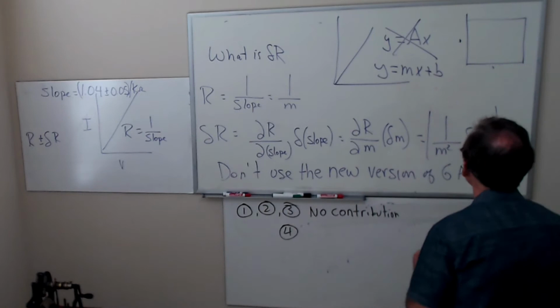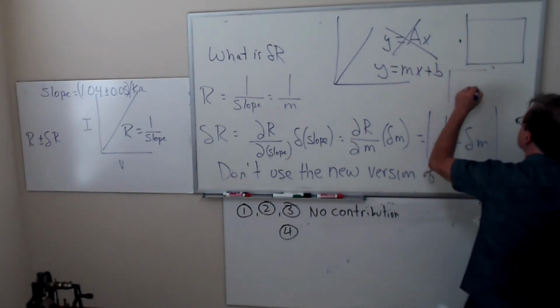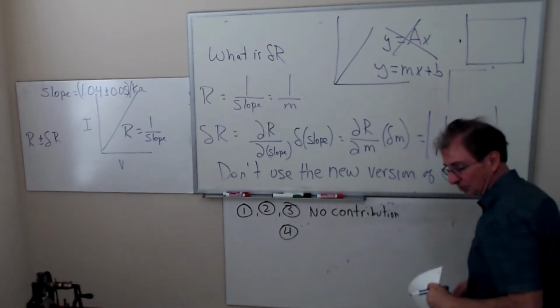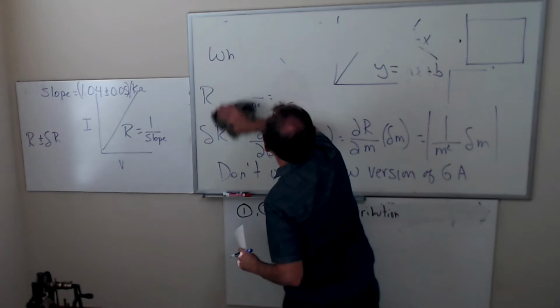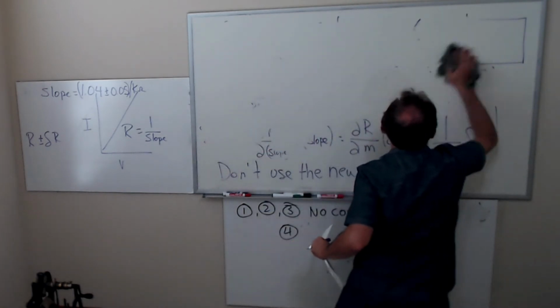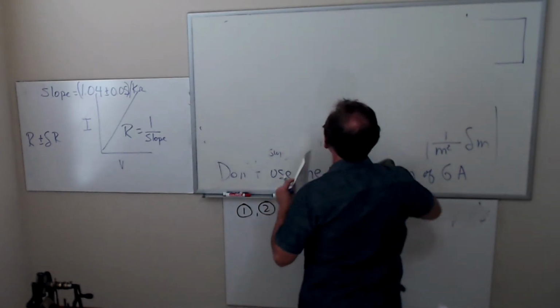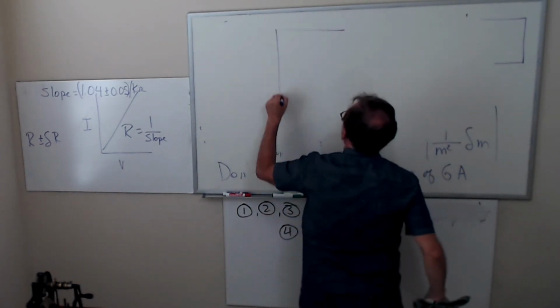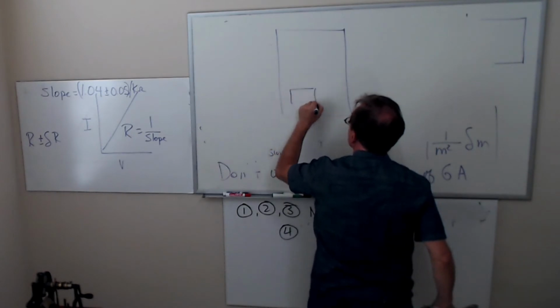And some people did this. Here's a sheet. All right, let me redraw. Let me erase the board. I'm writing too much stuff here. Here's your sheet of paper, and your graph is like this.